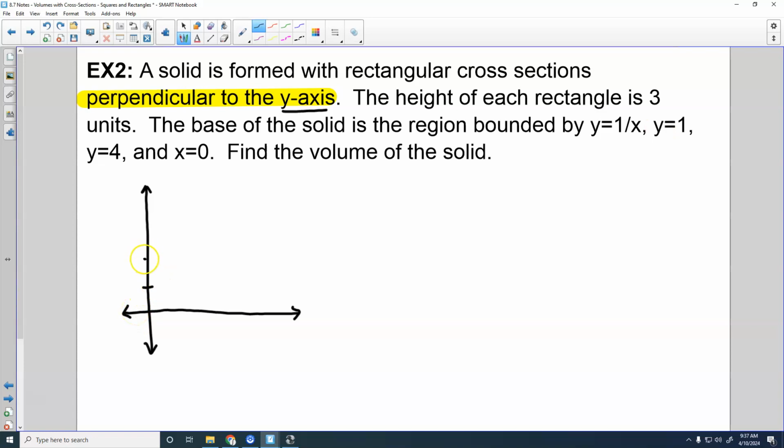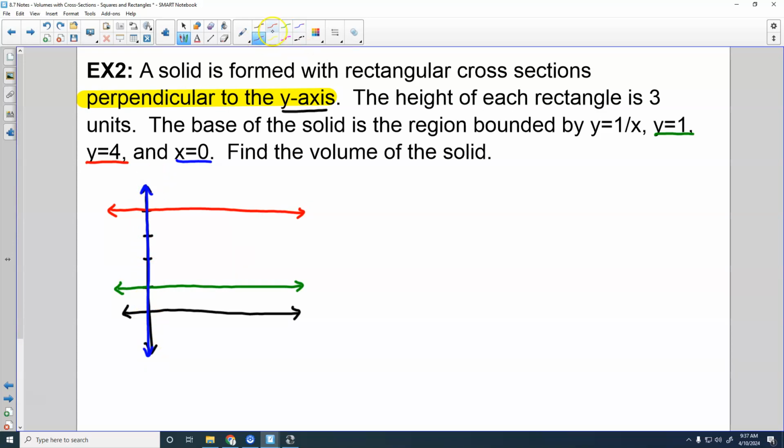So we got 1, 2, 3, 4. And we have a horizontal line at y equals 1. We have a horizontal line at y equals 4. We have x equals 0, which is just our y-axis right there.